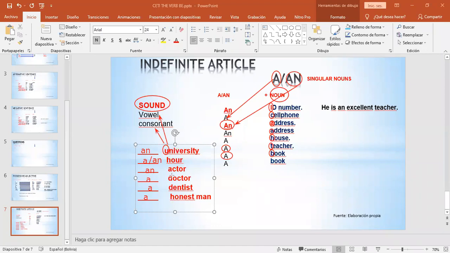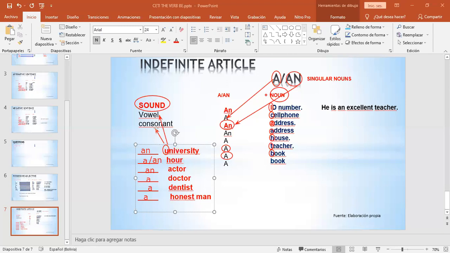Listen. It says university. University. Is it a vowel sound or consonant sound? Consonant sound, teacher. Okay. And what about this one? Hour.